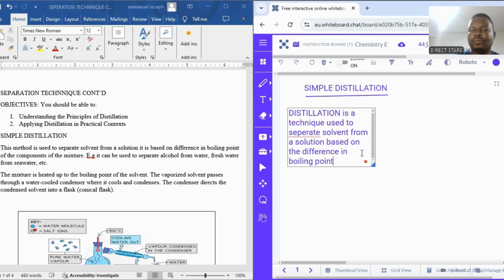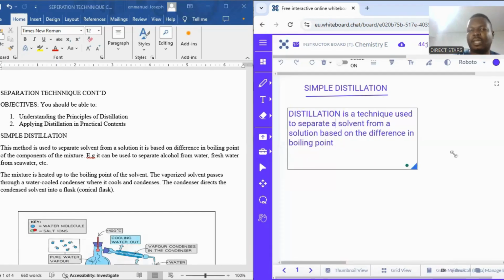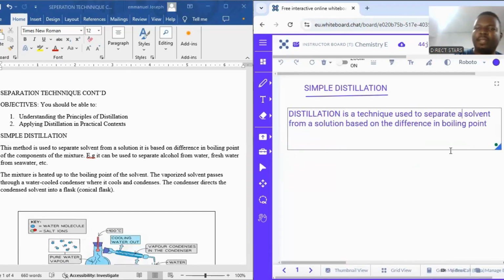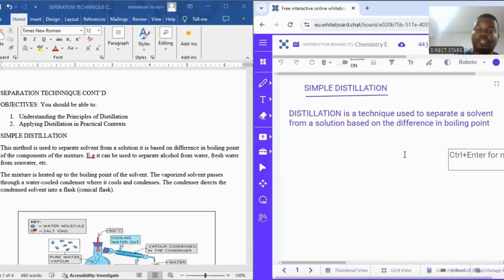So when do we use this technique? We use this technique when the boiling point of the solvent we're interested in is different from the boiling point of the solution or of another solvent that is dissolved in it. Take for example, you have a mixture of alcohol in water.